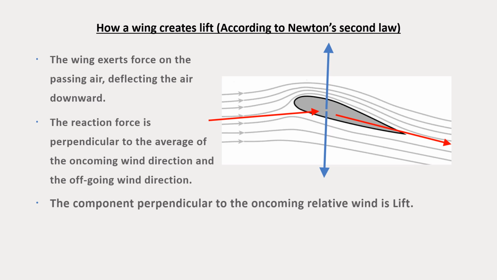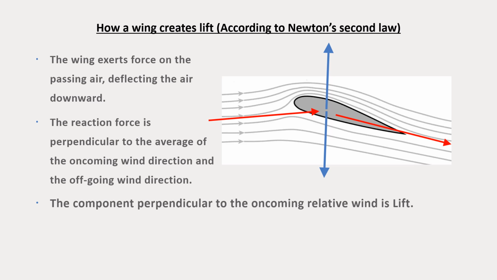This reaction force is close to being perpendicular to this relative wind, but it's not exactly equal to it. It's kind of halfway between the oncoming and the off-going. So it's tilted back a little bit.